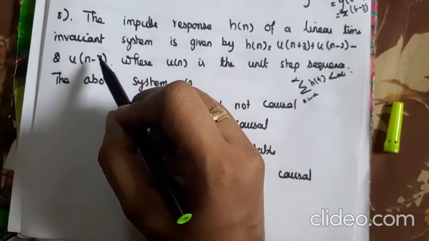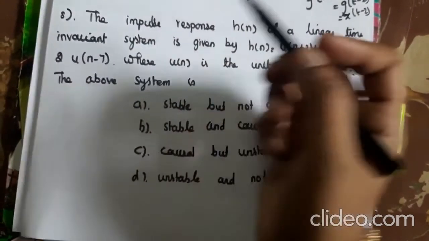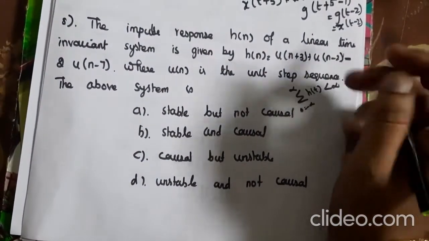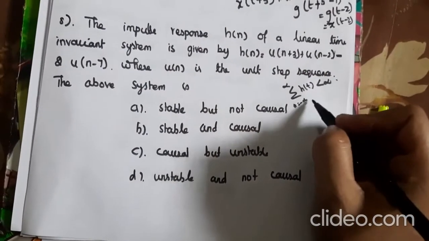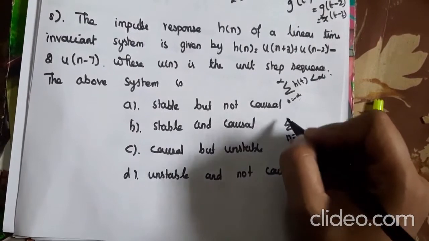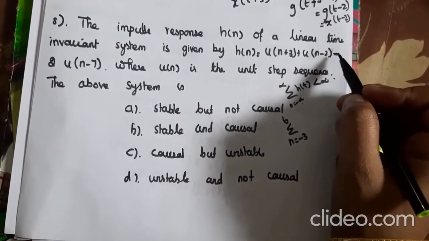Adding the 2 and subtracting the 2, we get a limited value: n from minus 3 to 6, because after 7 all values cancel due to the third term.